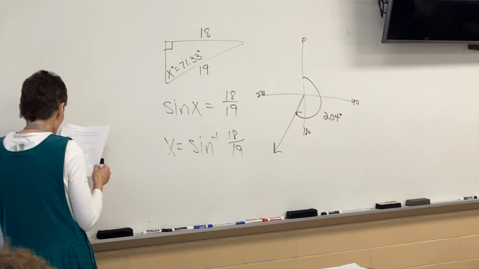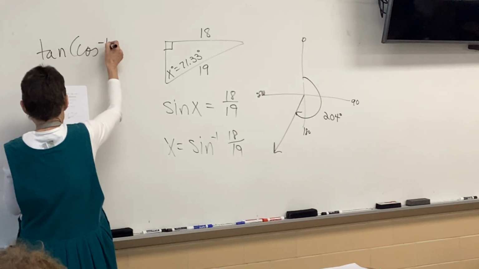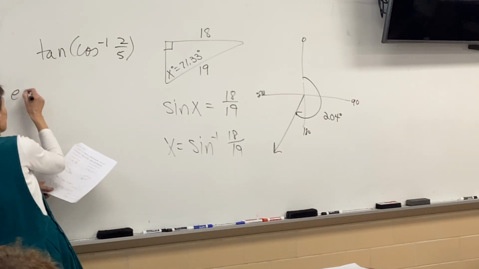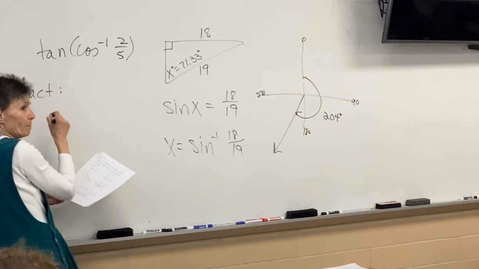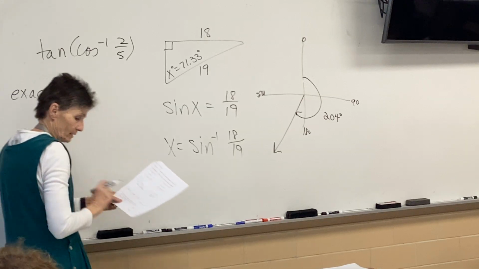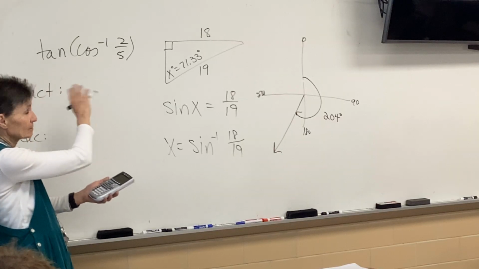Find the exact value and the decimal value of this. All right, so what does exact mean? Exact means do it by hand. Decimal means I can do it on my calculator, so let's do that one. We just type that right in.